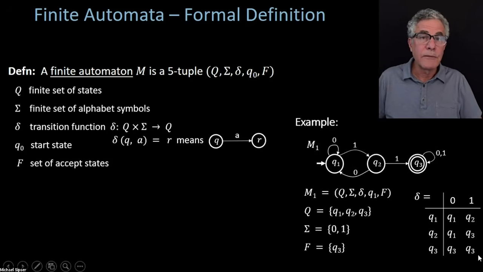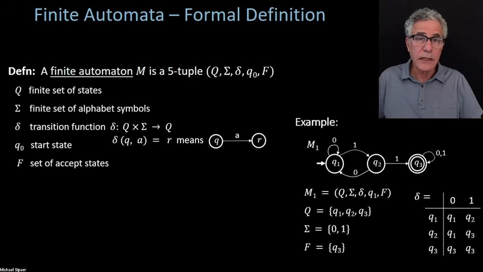So for example, if we were in state q2 here getting a 0, then q2 goes back to q1, so q2 on 0 is q1, but q2 on 1 here is q3. Okay, so that's how that table captures this picture. And it's just a function. It's a way of representing a finite function in terms of this table here.